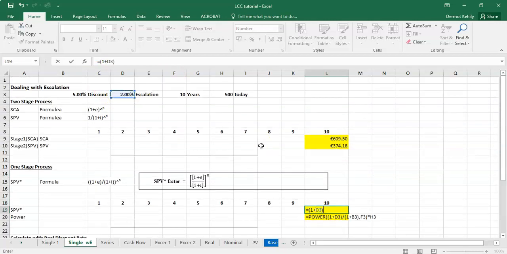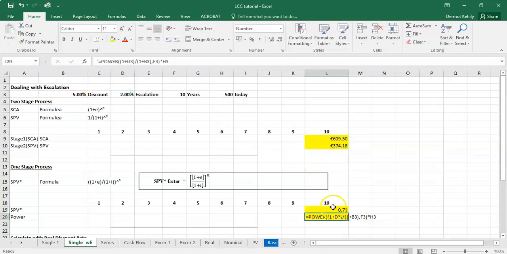Close the brackets, and then divided by 1 plus the interest rate. Brackets on that to start and finish. So that encompasses that first bit, and then I am going to put brackets around the end and the start. Hopefully you're getting the feel for these formulas and how they work in terms of brackets and the logical sequence of them. And then that calculation is, let's hope it works, to the power of the 10 years.